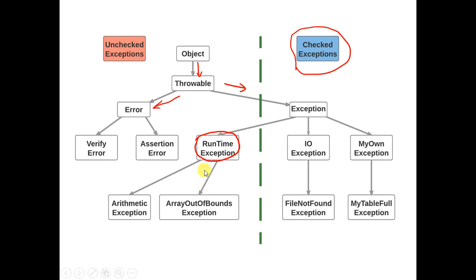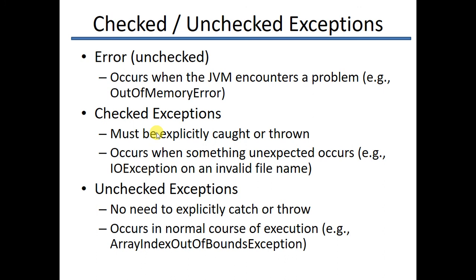So the recommendation is you shouldn't use try-catch blocks to capture unchecked exceptions. Instead of trying to fix this exception using try-catch, you should fix the bug that actually caused the exception. So this is the difference between unchecked and checked. And this is basically the slide that just explained what I just explained in the previous slide.